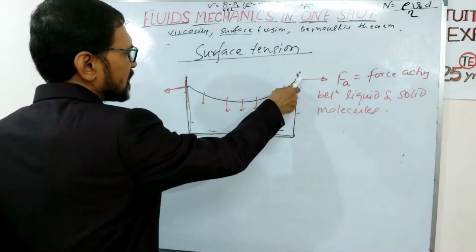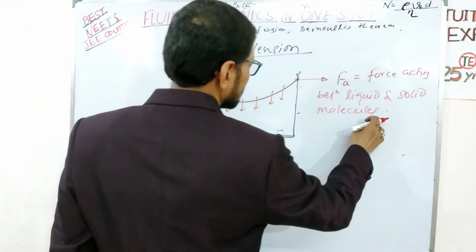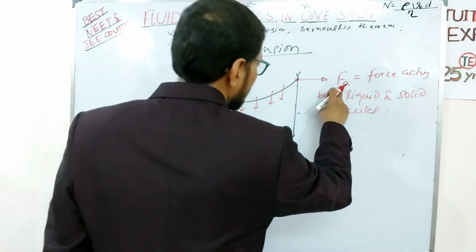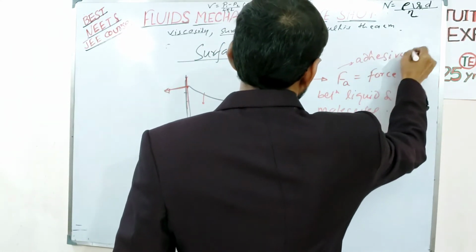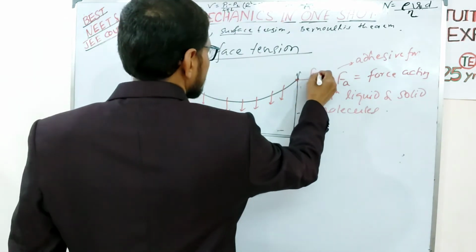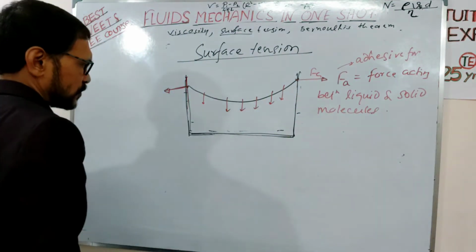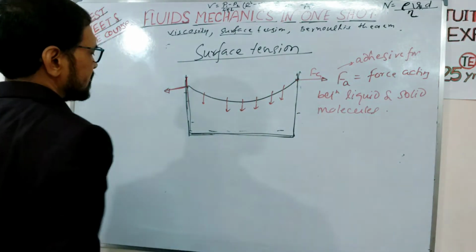Here is a molecule of the glass surface, a molecule of the container and a molecule of the liquid. So the force of attraction between liquid and solid molecules is called Fa, the adhesive force. So here a force acts, and all the molecules have a downward force. So the shape of the surface behaves this way.